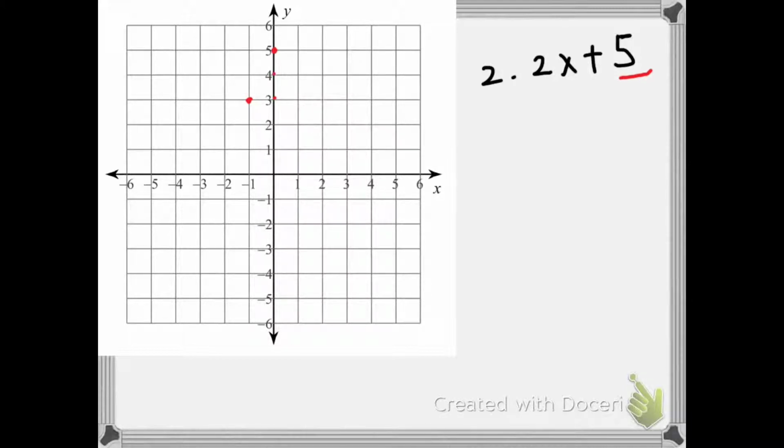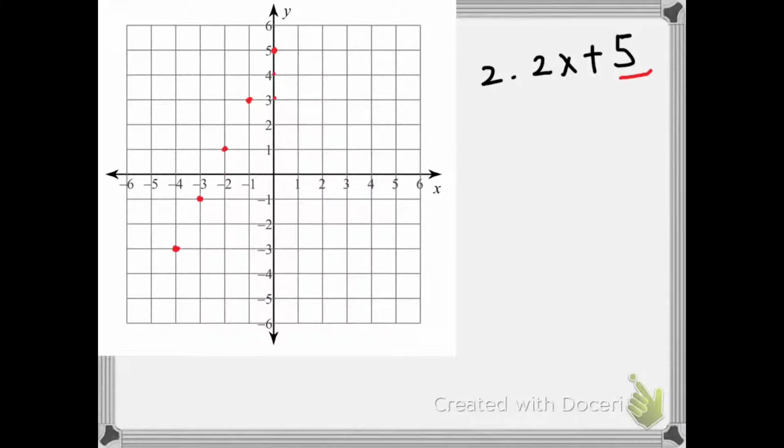So 1, 2, 1. You don't have to draw that many points, but I just did to show you guys how it would look like.